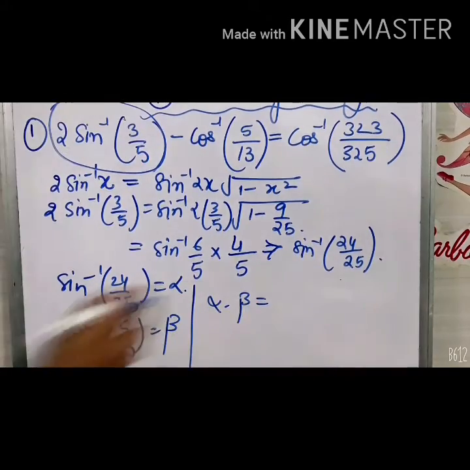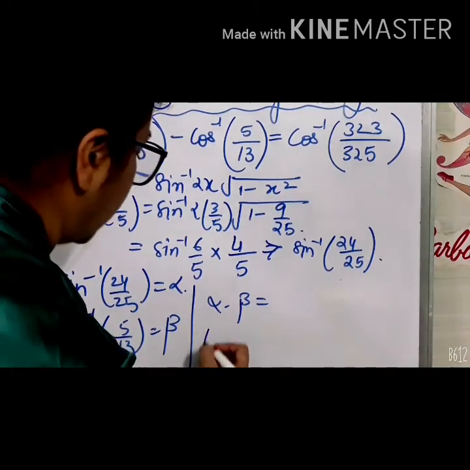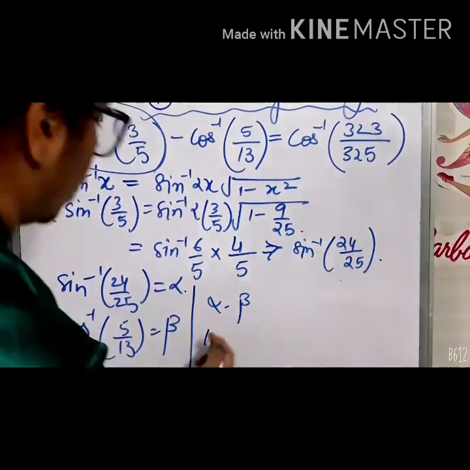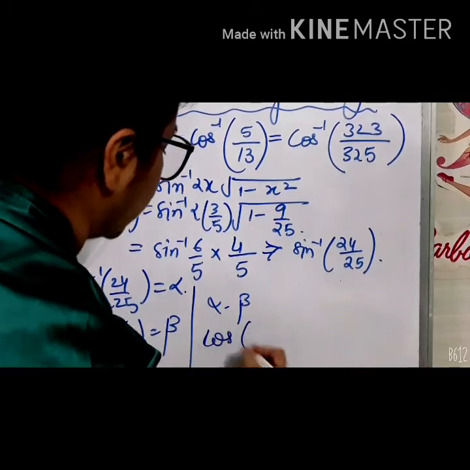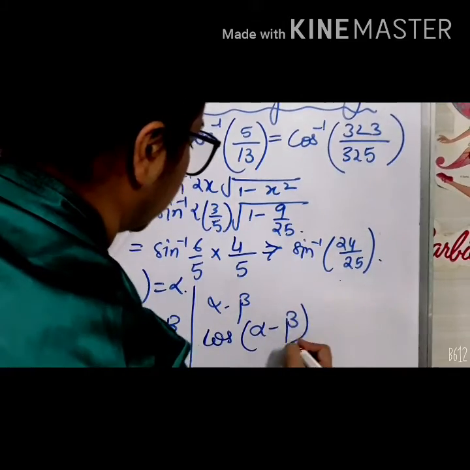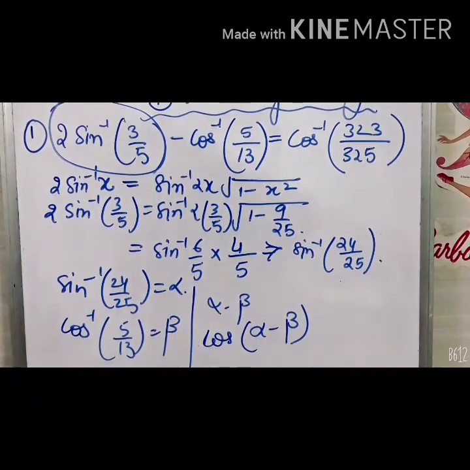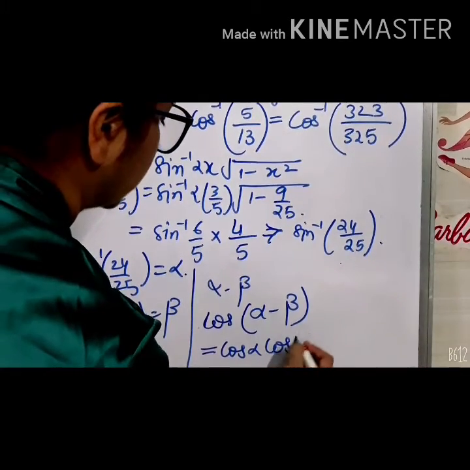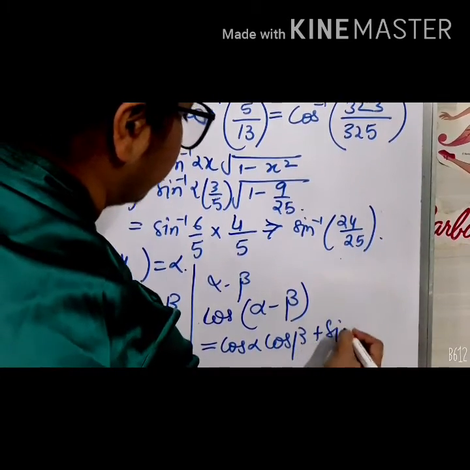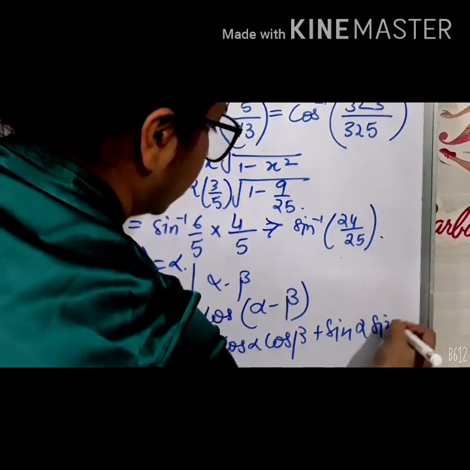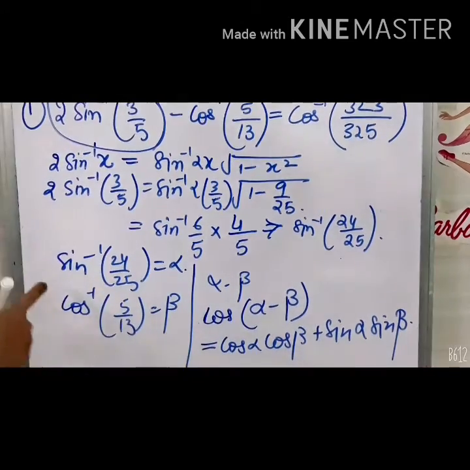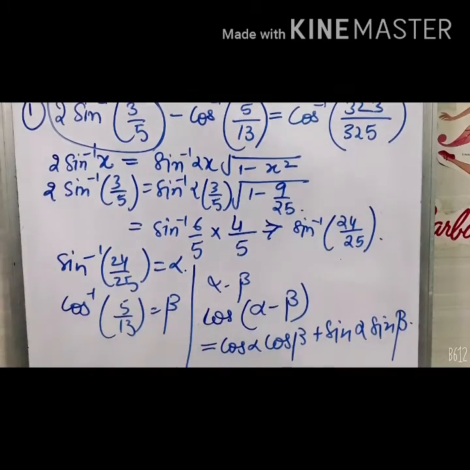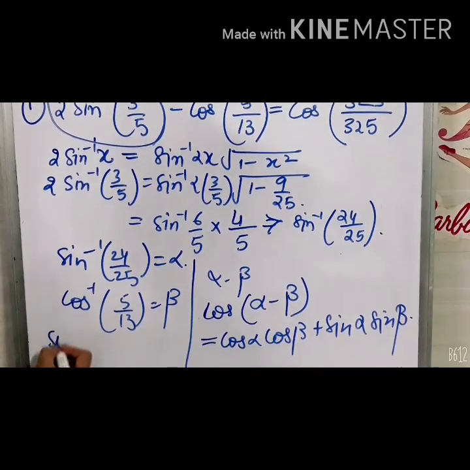It becomes alpha minus beta is equal to, like this. This is alpha minus beta. I am not taking anything on the RHS, so I am taking cos of alpha minus beta. What is the formula of cos alpha minus beta? It is equal to cos alpha cos beta plus sin alpha sin beta.